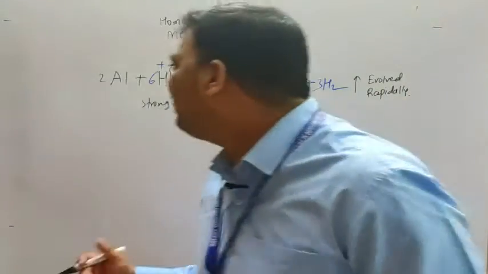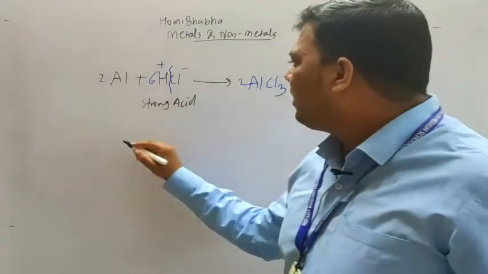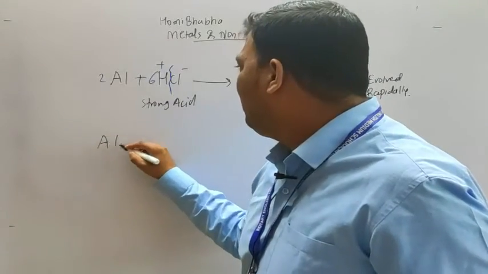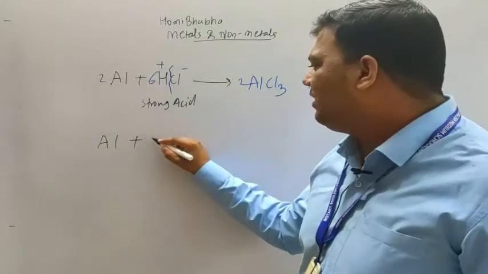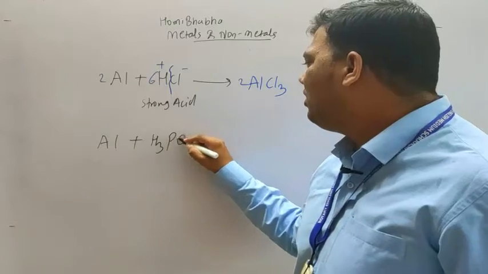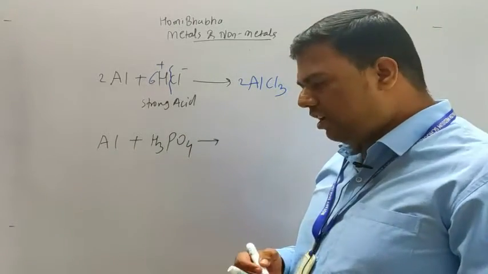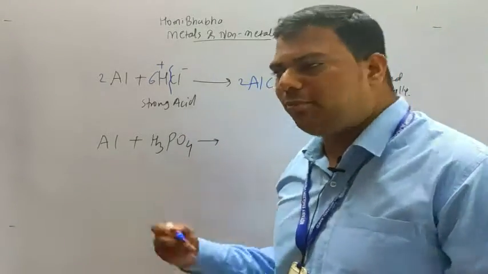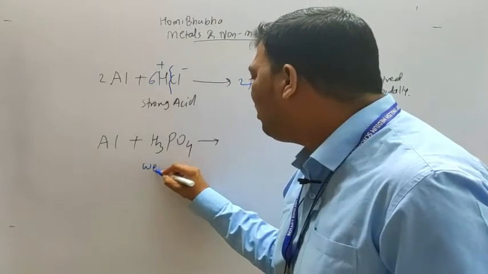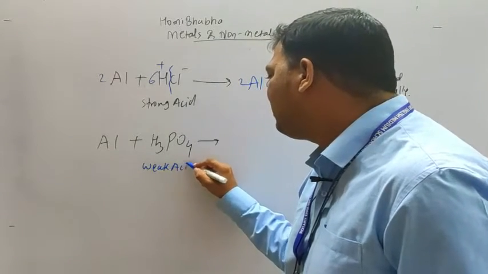Next we will see Al plus phosphoric acid. Phosphoric acid here is H3PO4, and this is a weak acid.